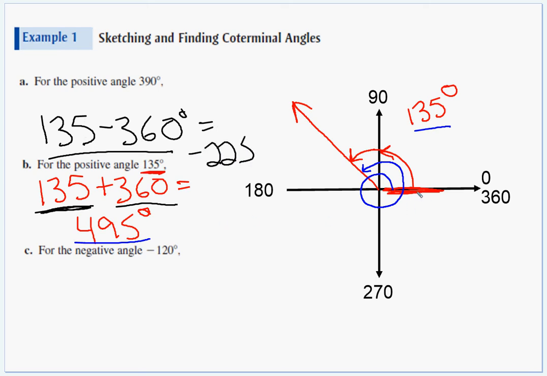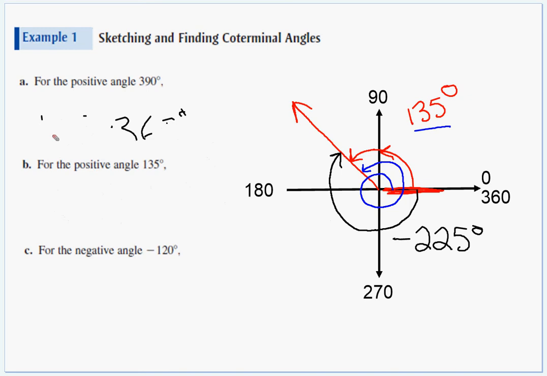Using my black ink, I'm here on the initial side, and we're going to go in the clockwise direction for a negative angle, and we stop at the same terminal side. That angle is negative 225. So there we sketched the original, and we did one of each, a positive and a negative coterminal.